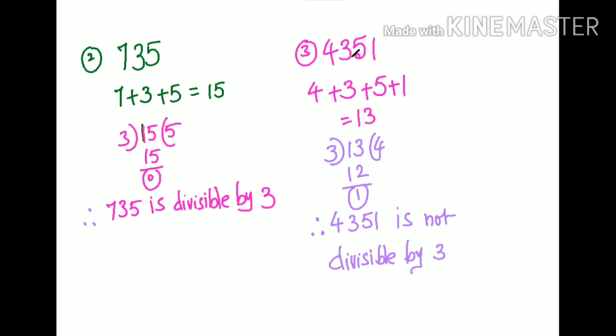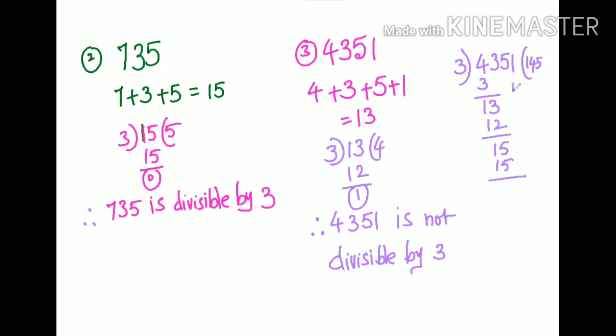Let us verify this one by long division method. 4351. 3 1s are 3. 13. 3 4s are 12. 15. 3 5s are 15.